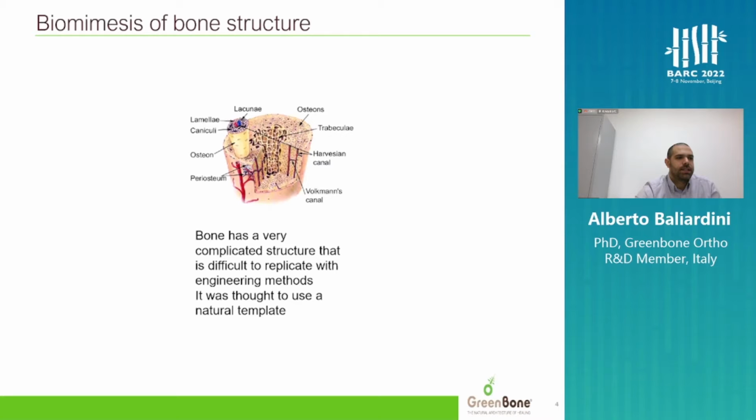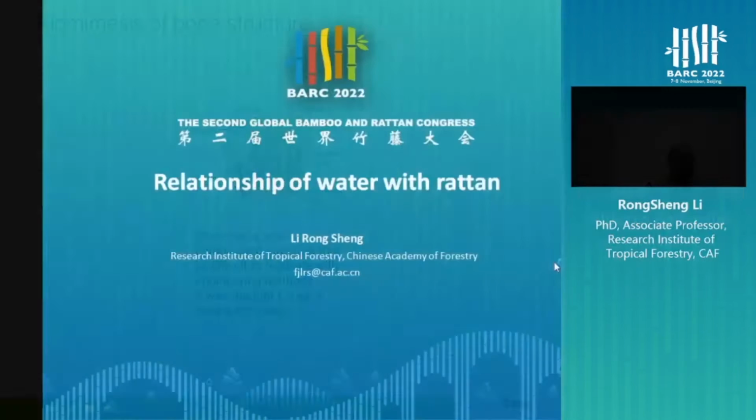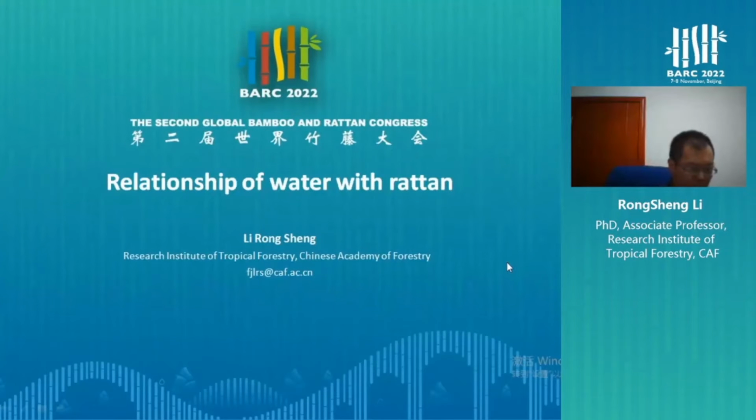How is this strategy applied to bone? Bone is a complex structure. There is currently no engineering system capable of creating a bone substitute model with the necessary precision. It was therefore decided to use a natural template as a model to create a scaffold with the same structure as natural bone.